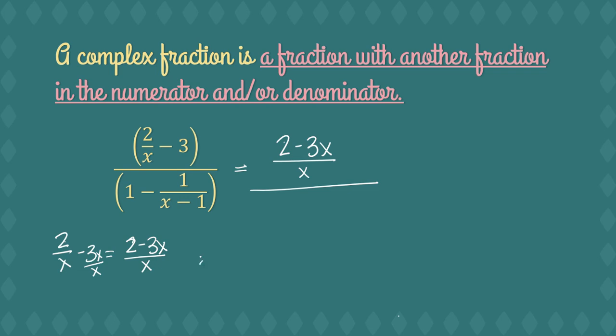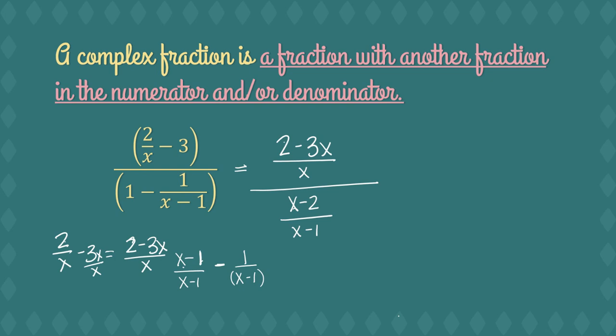So I've got 1 minus 1 over x minus 1. X minus 1 would be my common denominator. So I'm going to rewrite that, and then I'm going to combine. So 1 is x minus 1 over x minus 1, and the combined denominator is x minus 2 over x minus 1.